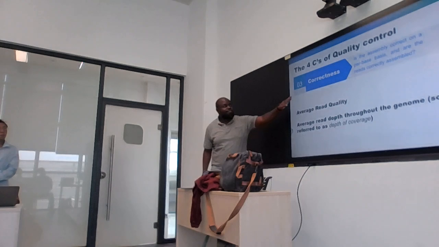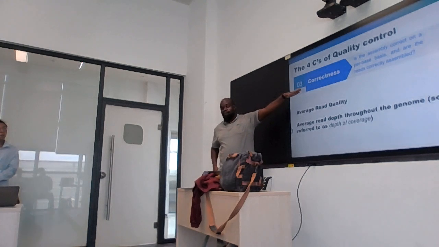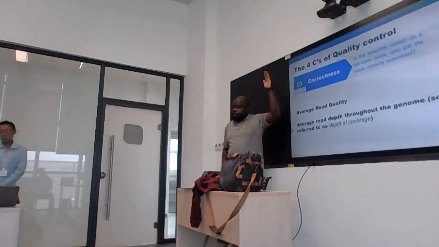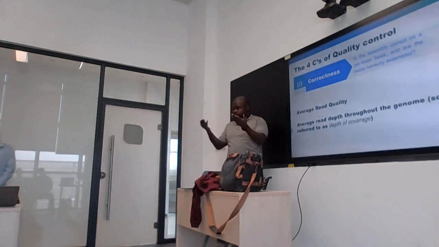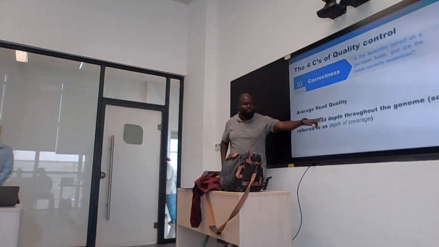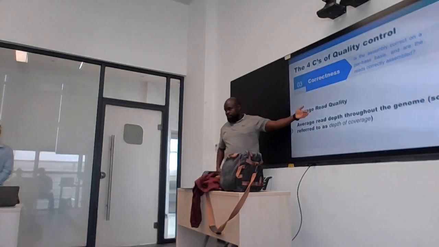Number three is correctness. So, is the assembly correct on a per base basis, and are the reads correctly assembled? So, you look at the average read quality. If you have high read quality, then you have better confidence in your assembly, right? You have the average read depth, right?